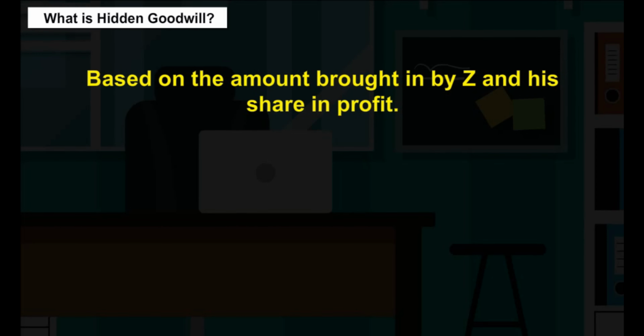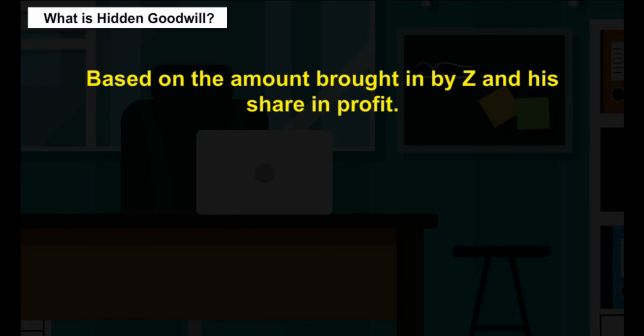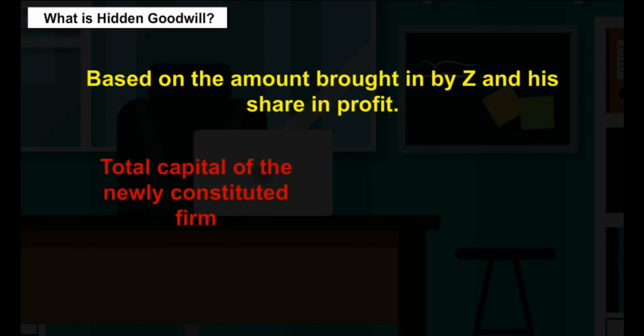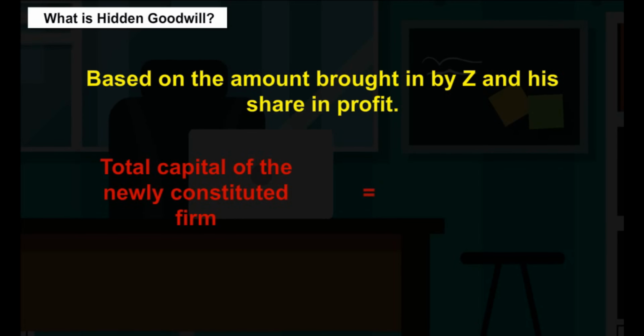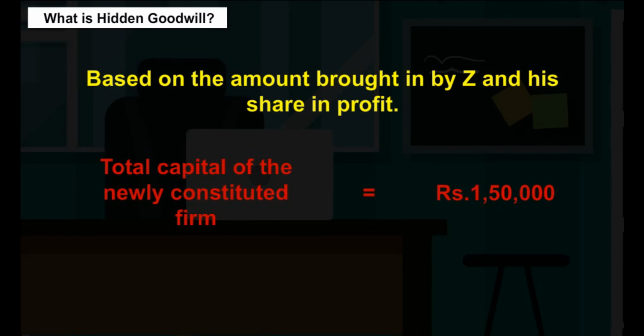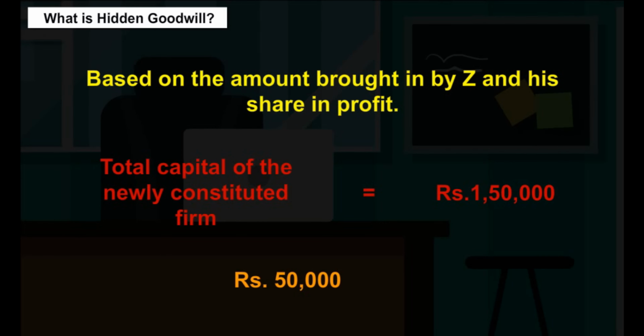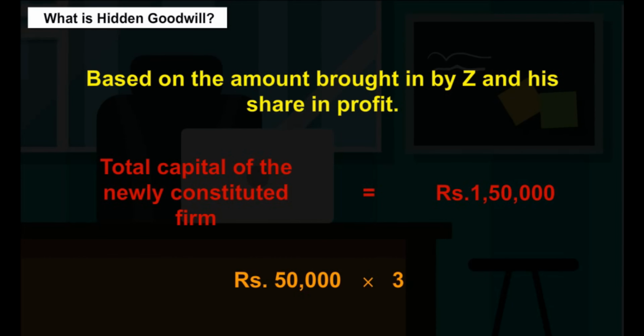Based on the amount brought in by Z and his share in profit, the total capital of the newly constituted firm works out to be 1,50,000 rupees: rupees 50,000 multiplied by 3.